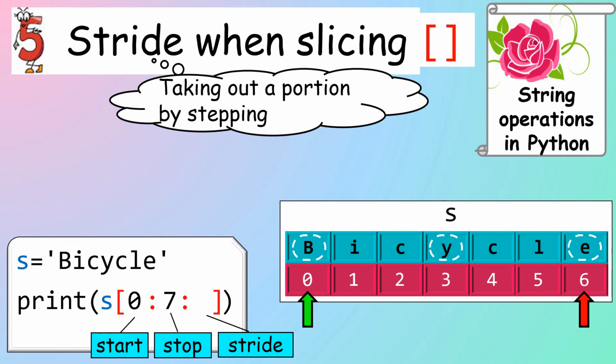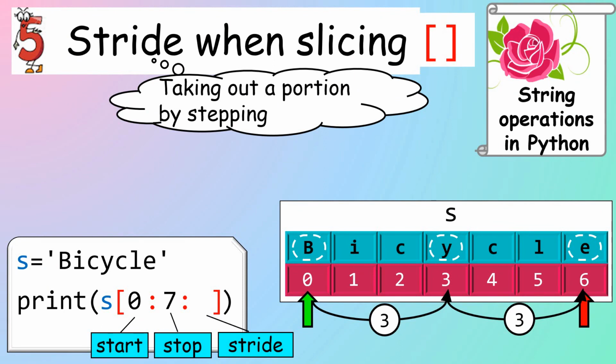And how to find out the stride value? After B, you want to take out Y. So you see the distance between B and Y. It is 3. And the distance between Y and E is also 3. So here 3 is the stepping or jumping value, that is the stride value.